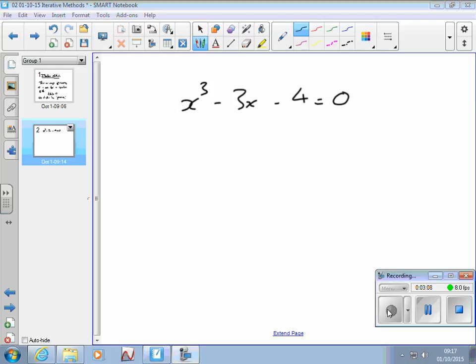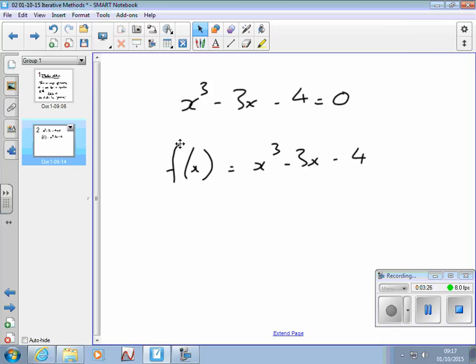So, how do we, notation-wise, write this down? We say the function, in this case, is x cubed minus 3x minus 4. That's the function. And if we think about this for a minute, this letter here doesn't have to be f.